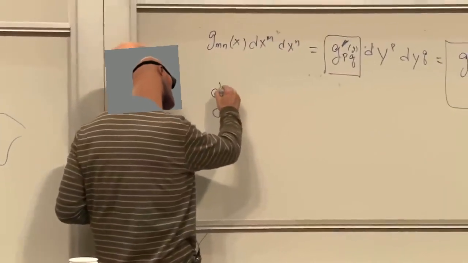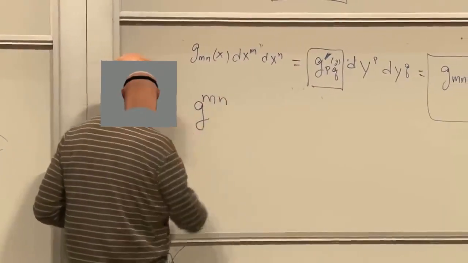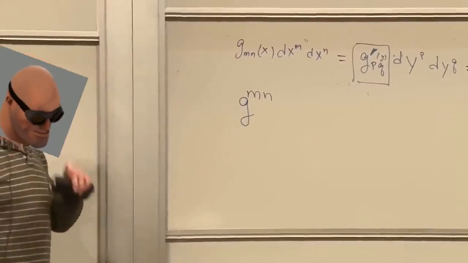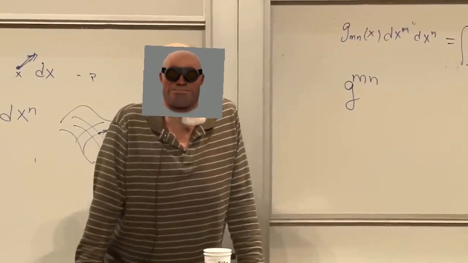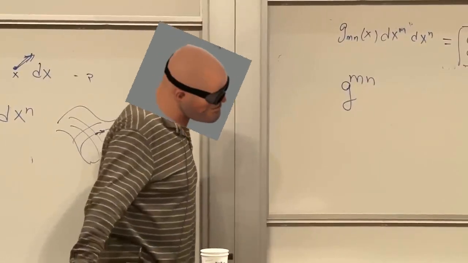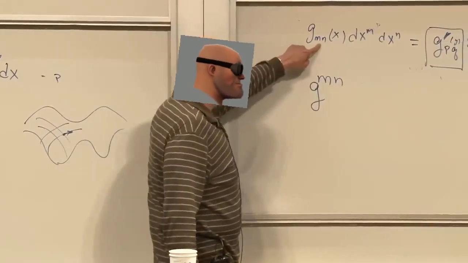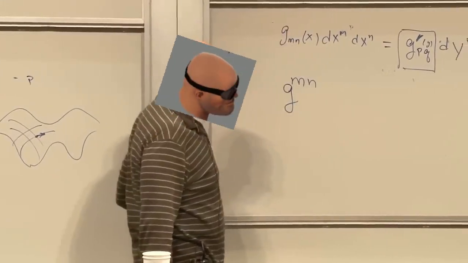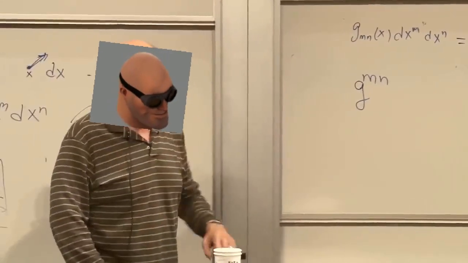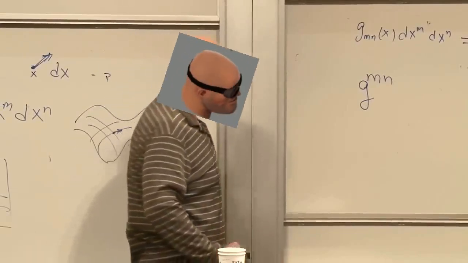GMN upstairs is also a tensor, and it's defined by the defining property that as a matrix, it's the inverse of the matrix with two lower components. Now, how do you write that? This is the last thing we're going to do tonight.